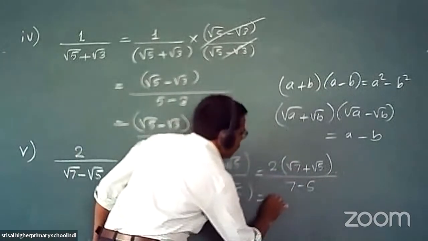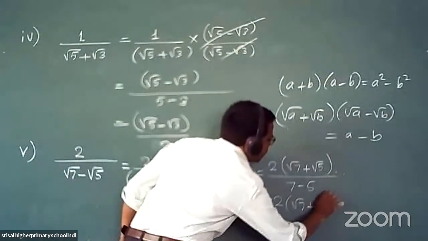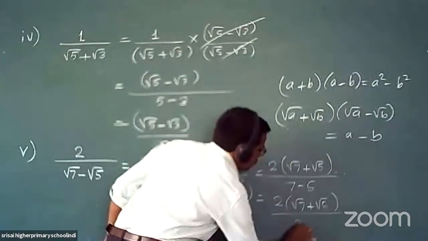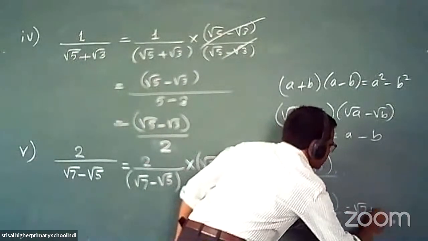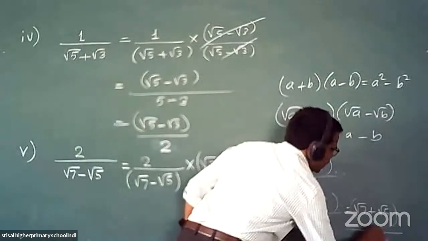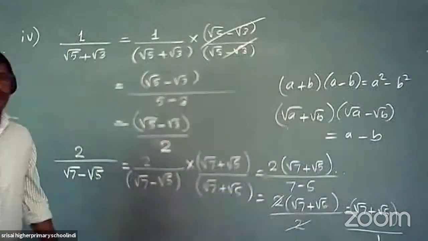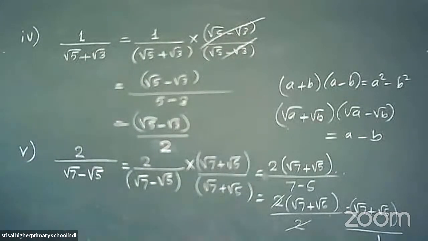Okay, this is equal to 2 into bracket square root of 7 plus square root of 5, and 7 minus 5 is 2. You cancel the 2. Your answer is square root of 7 plus square root of 5. The denominator is 1, and 1 is a rational number. Right. Written, sir. Oh, you are good.